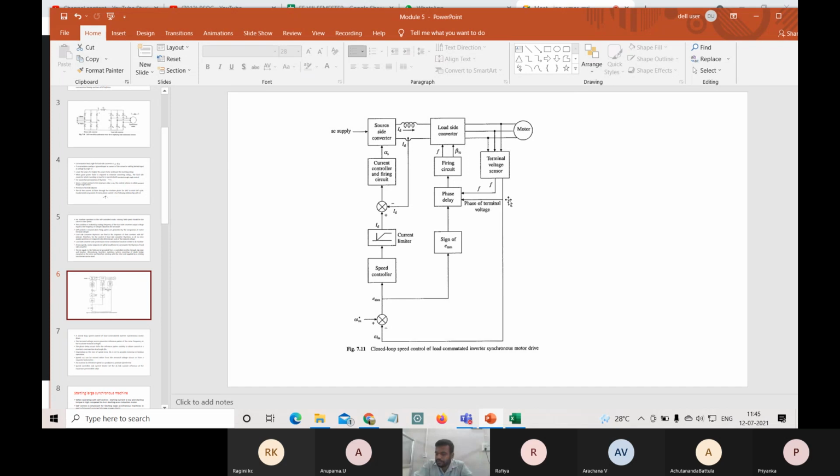Through the tachometer, we can measure the speed, right? From that, we can give the input to our speed sensor, the speed of the motor. This is the speed of the motor that we got from the terminal voltage sensor, or else from a tachometer that we can connect externally.